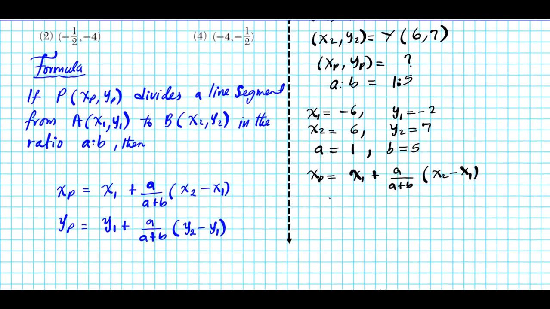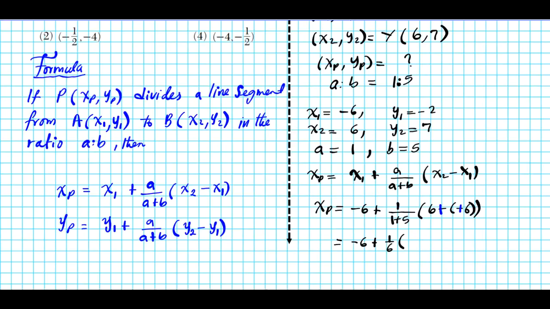It gives us the x-coordinate of point P. Okay? So let's substitute. x of P is equal to x of 1, negative 6 plus a, 1 over a plus b, 1 plus 5, times x of 2, 6 minus x of 1, minus 6. Now we're going to use the order of operations to simplify this expression. So we have negative 6 plus 1 over 6 times minus is plus, you slash and dash.